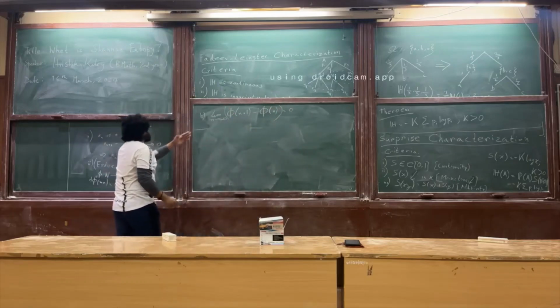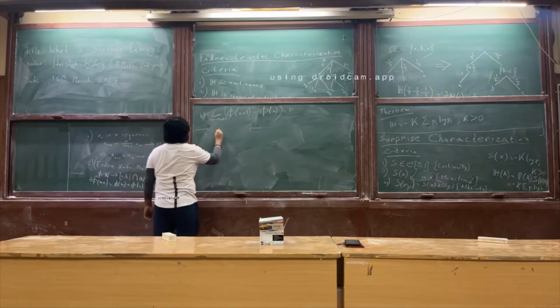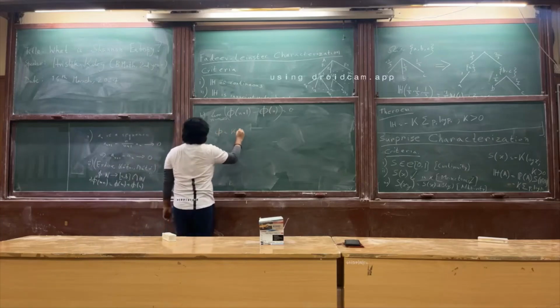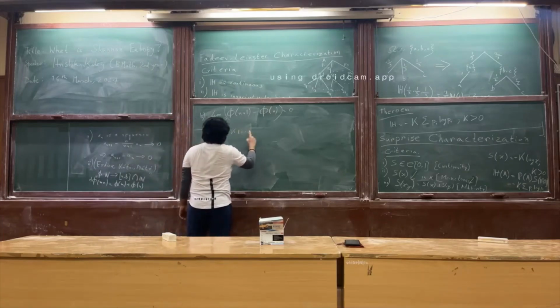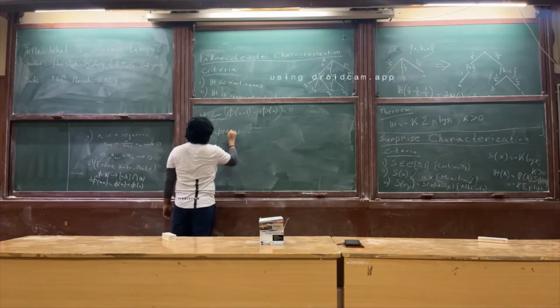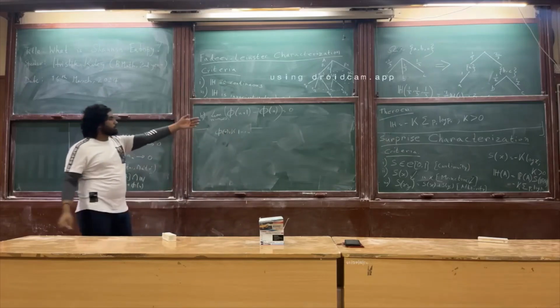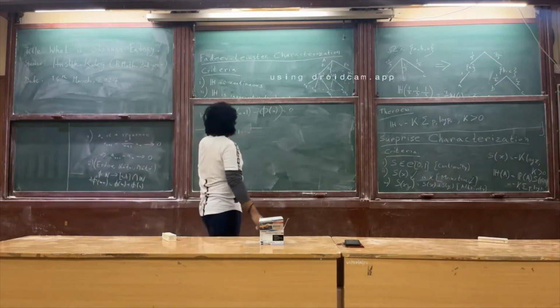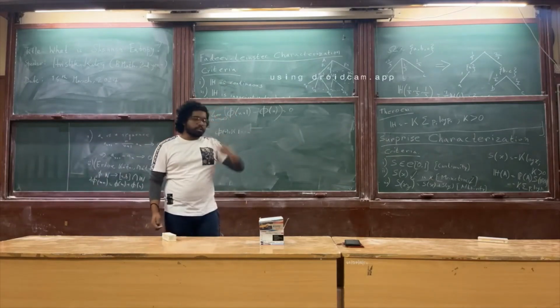If these two properties hold for the function phi, then phi has the expression k log n. Using these two facts, you can prove that this is the only expression that follows the Faddeev-Blinstedt characterization.